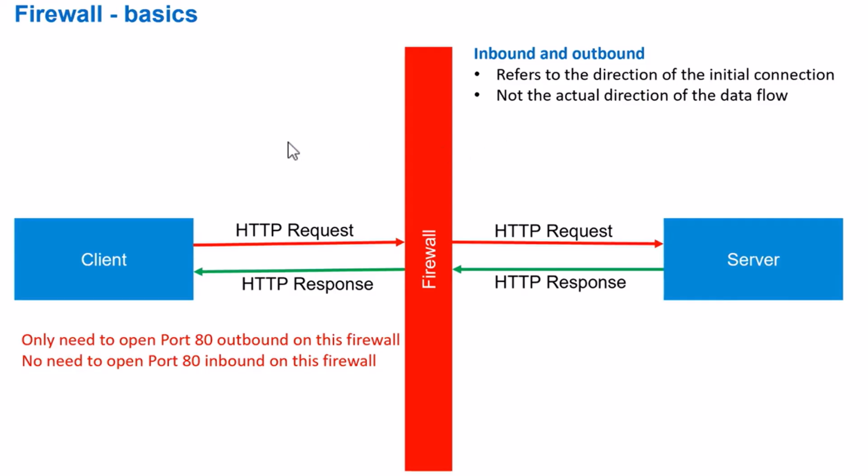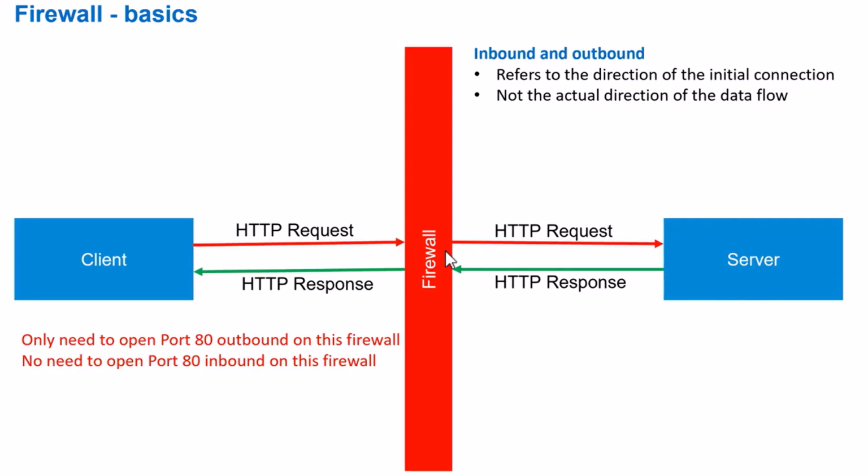Now I want to talk a little bit about firewall basics. If you have a client and the client makes an HTTP request on port 80 or HTTPS on port 443. Most organizations will have port 80 and 443 open by default on their firewall because the clients need to make external requests to servers.